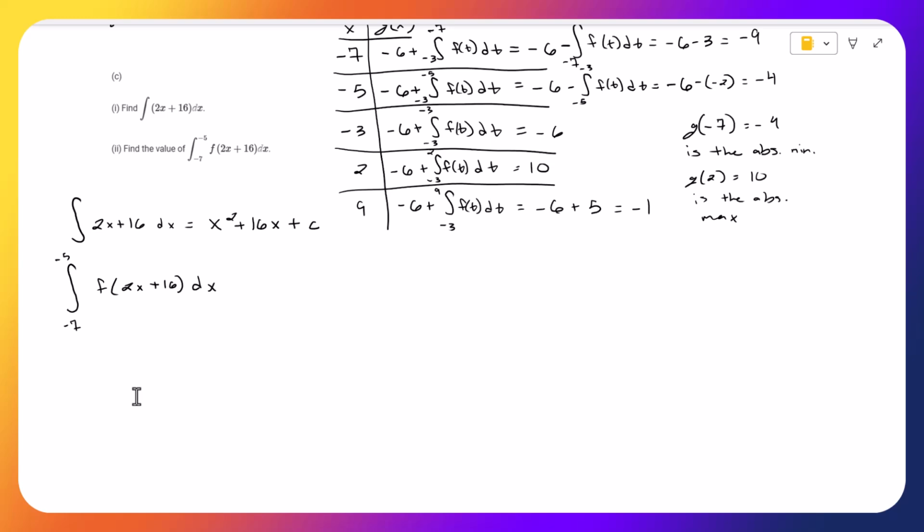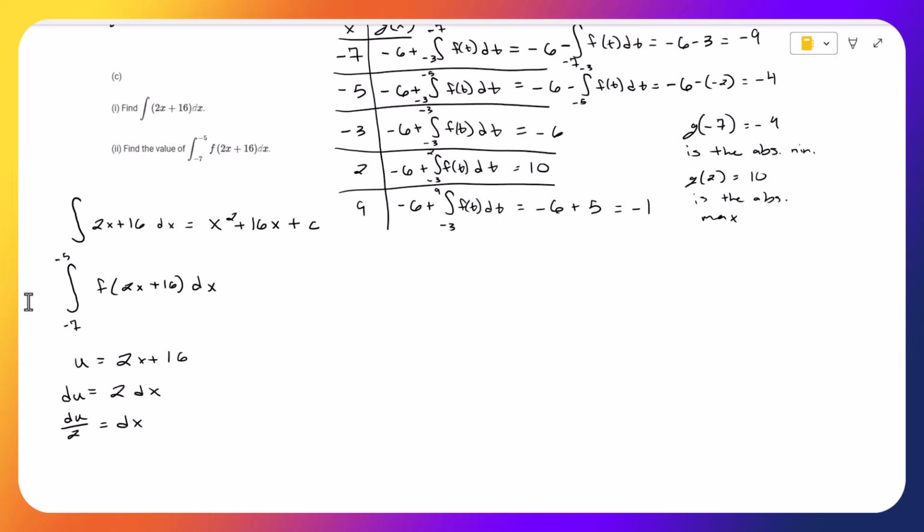So u equals 2x plus 16. Then du equals 2 dx, du over 2 equals dx. So this is setting up our U-sub, and now let's also think about our bounds of integration.